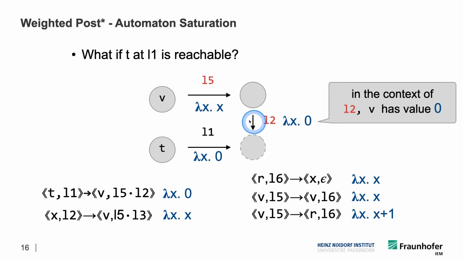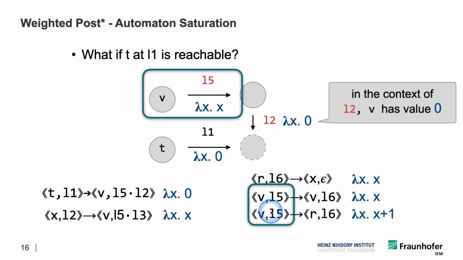And then here, this is initialized to the identity function itself. So this is just saying v at line 5 has whatever value v has at line 5.